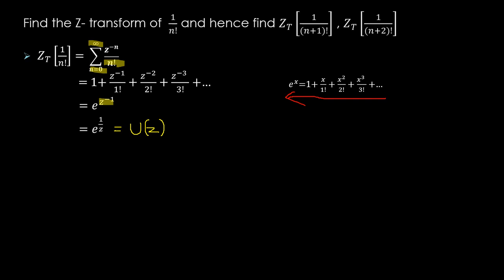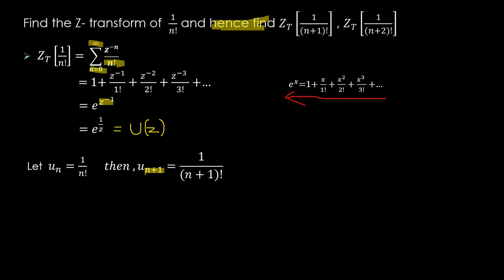Now, hence find z transform of 1 by (n plus 1) factorial and z transform of 1 by (n plus 2) factorial. Let u(n) be equal to 1 by n factorial. Then u(n plus 1) becomes 1 by (n plus 1) factorial, as n becomes n plus 1.